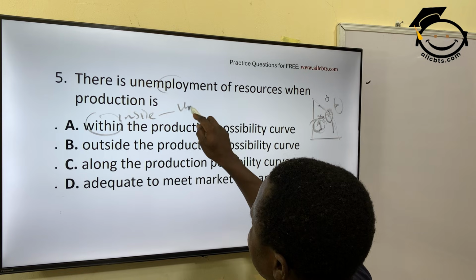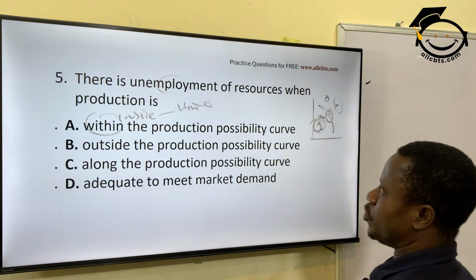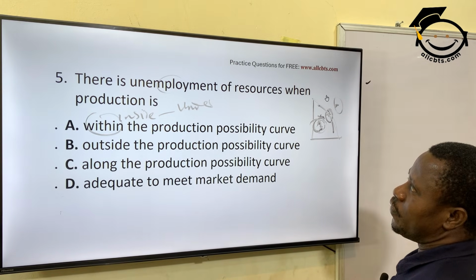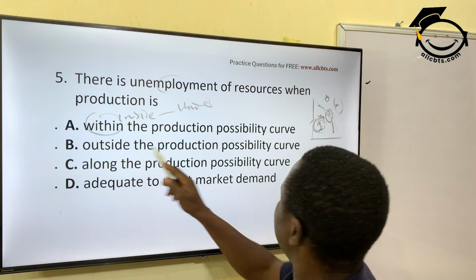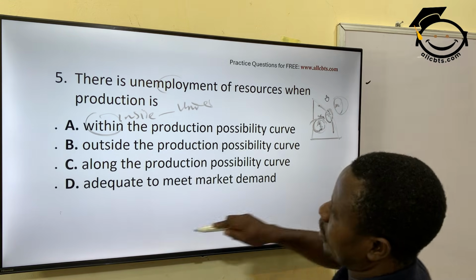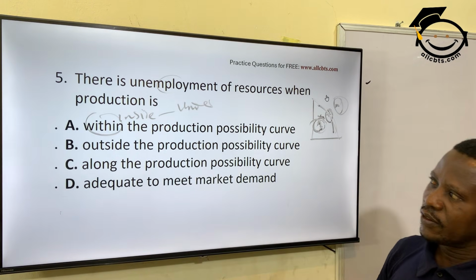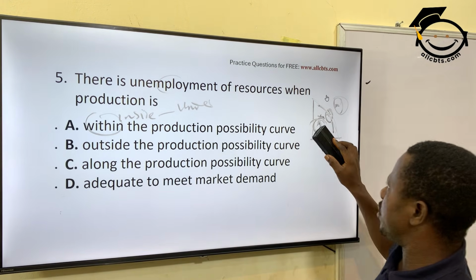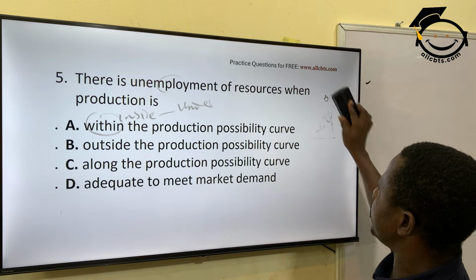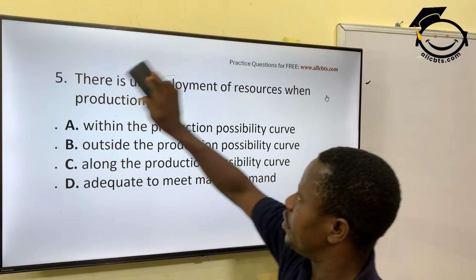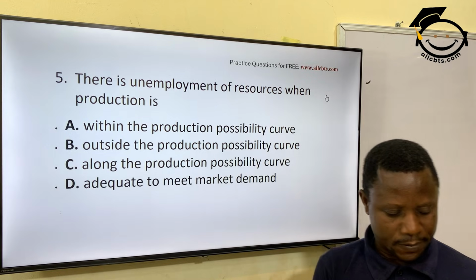That's underutilization, okay? Which means the resources are not fully utilized, okay? Outside is over, while along is full utilization. So the answer is option A, within, that is inside the curve. Option A is the correct answer, okay?